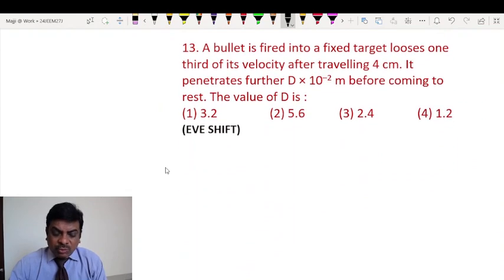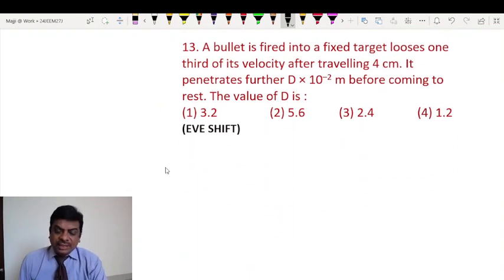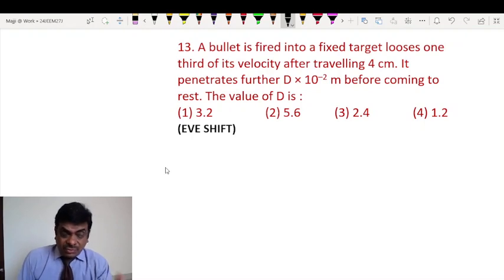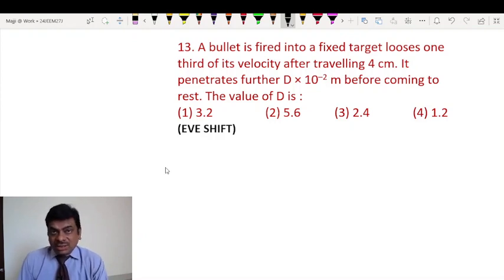Question number 13. A bullet is fired into a fixed target and loses 1/3 of its velocity after traveling 4 cm. It penetrates further d into 10 power minus 2 meter before coming to rest. The value of d is. So students, here the underlying assumption is the resistance offered by the target to the movement of the bullet is constant.